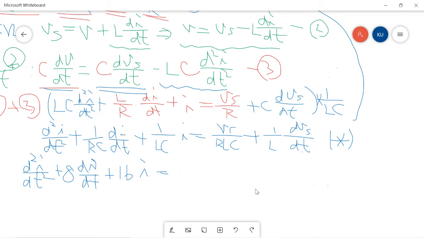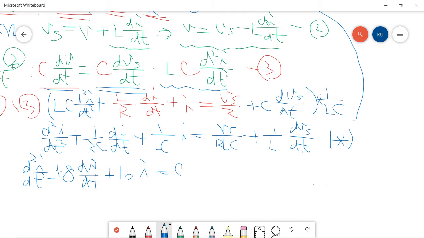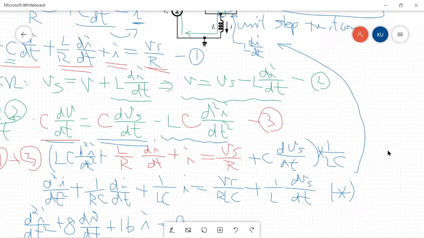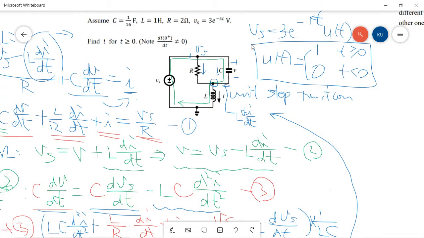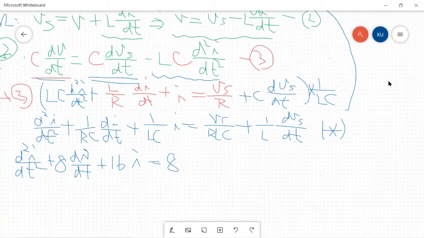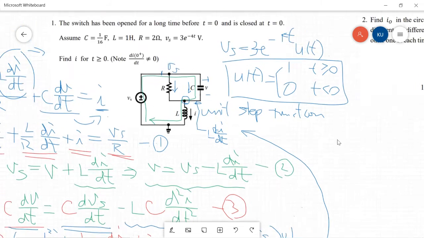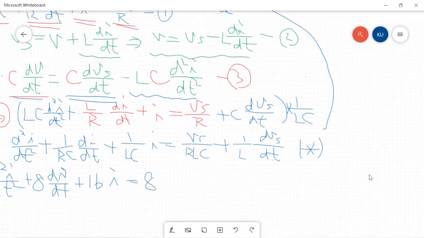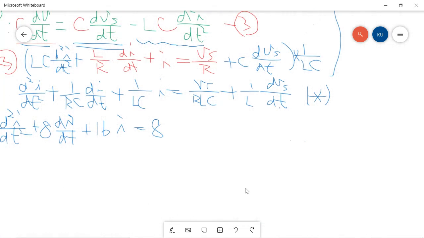So here it is, so we have 8, and the Vs is 3 times exponential to minus 4t.